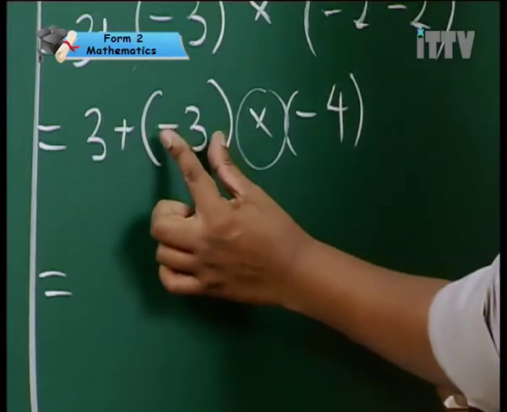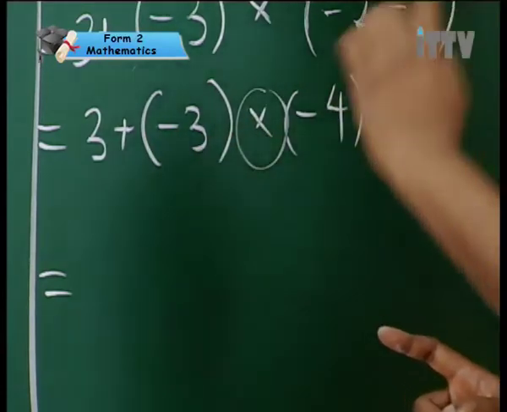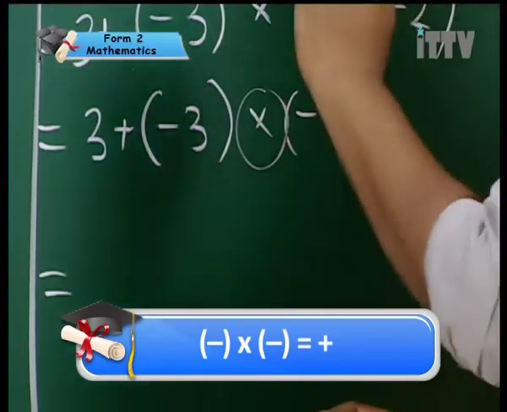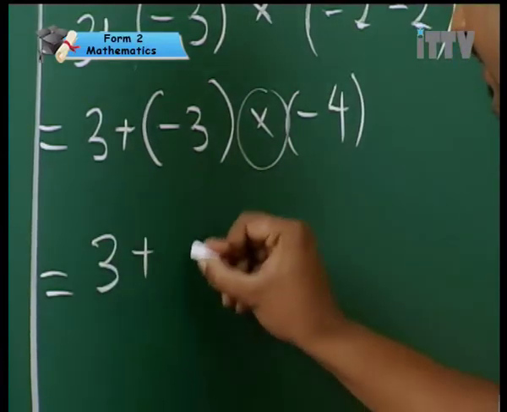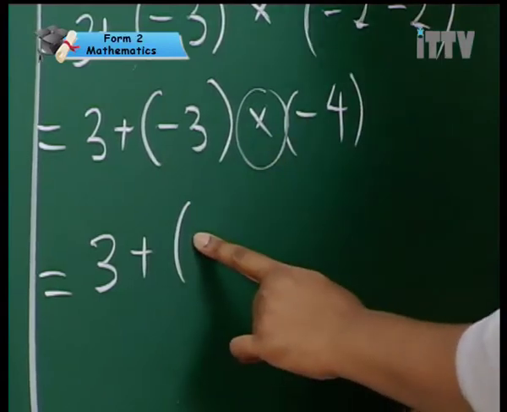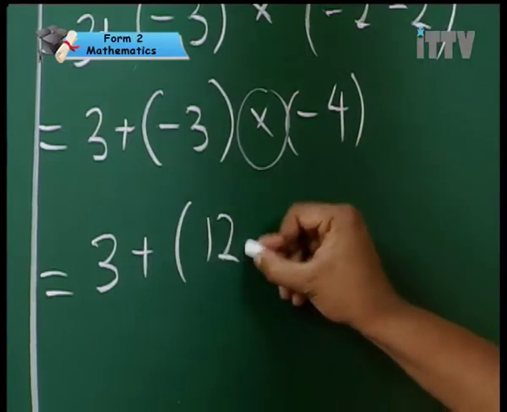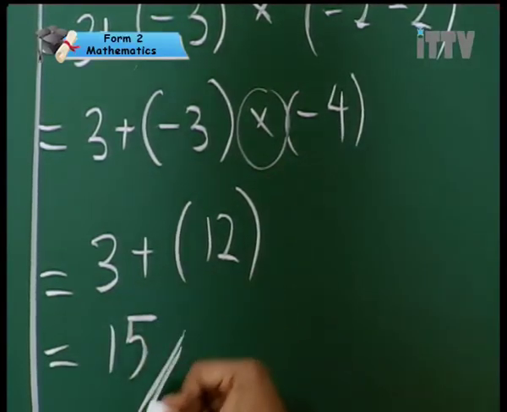You see, we've got a negative 3 multiplied by negative 4. Can you still remember? Negative multiplied by negative will become, very good, positive. Now, 3 plus negative, negative, positive. I don't want to write them. 3 multiplied by 4, 12. The answer is a simple 15.